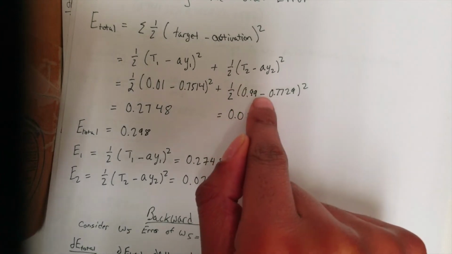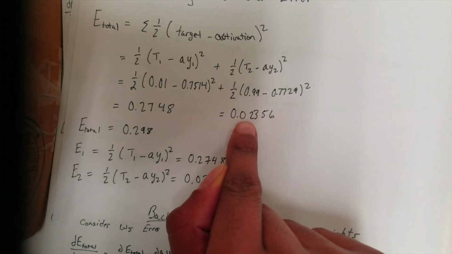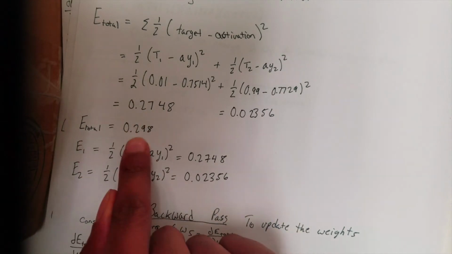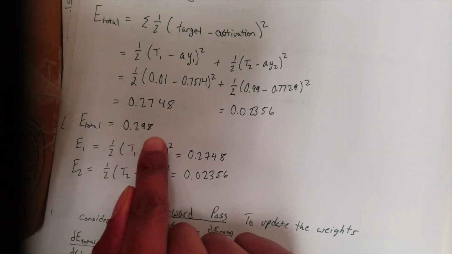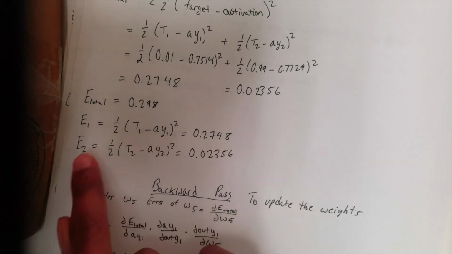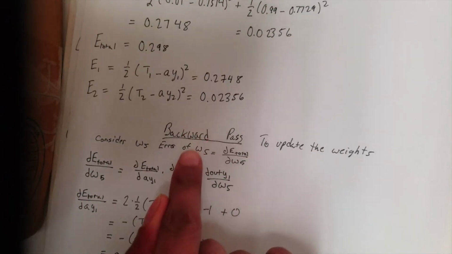So this is the error for error 2, and this is the error for error 1. If you sum them together, you get 0.298. And that's the error for the first one, and that's the error for the second one.